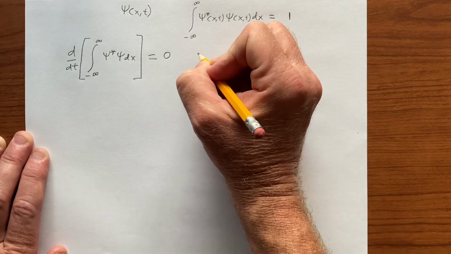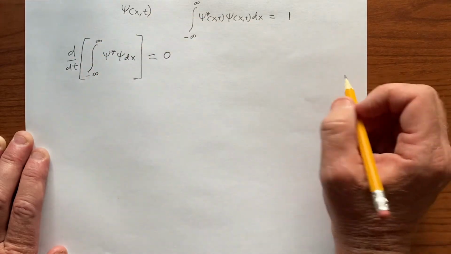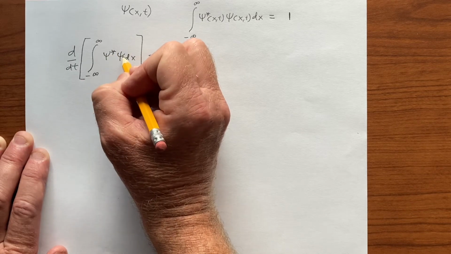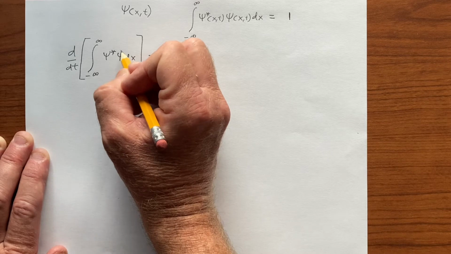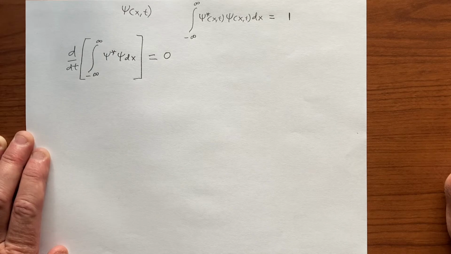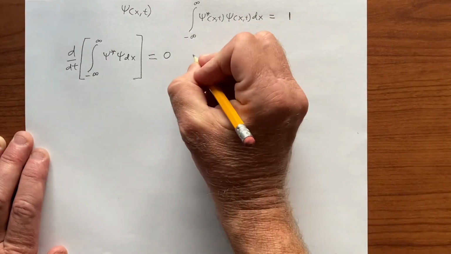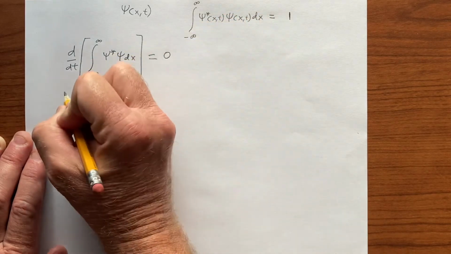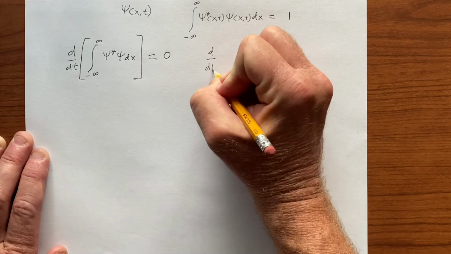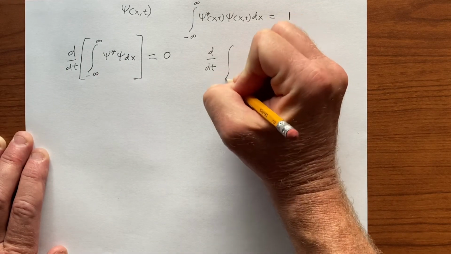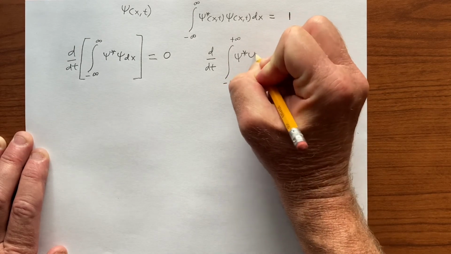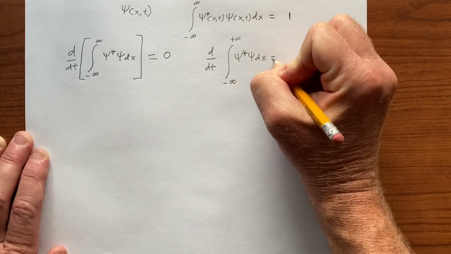Let's see that this can be translated into a condition for the Schrödinger equation, because when we take time derivatives here of these terms, the Schrödinger equation is an equation that has d psi by dt and d psi star by dt in them. If we look at the complex conjugate, let's do d by dt of the integral from minus infinity to plus infinity of psi star psi in dx.